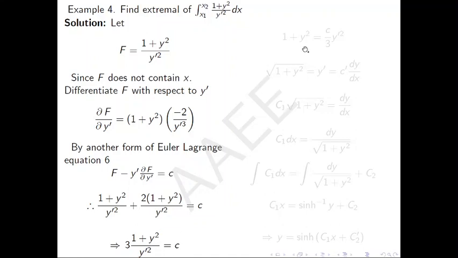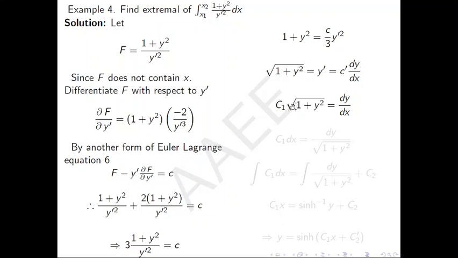Taking this 3 this side and y dash square this side, and then taking square roots on both sides, c by 3 will be replaced by c dash, and 1 by c dash is c1 here, a constant of integration.